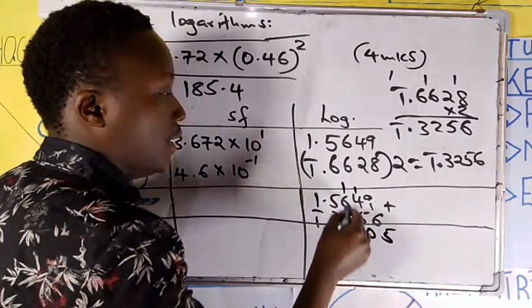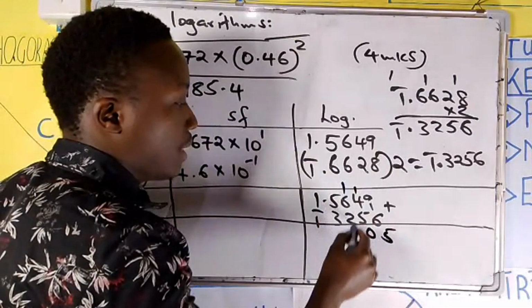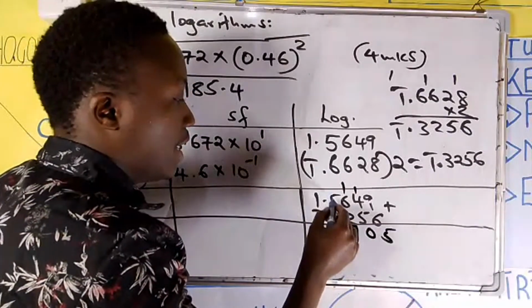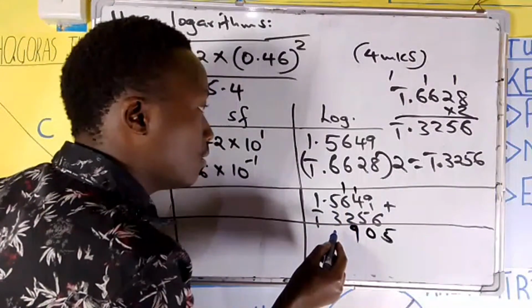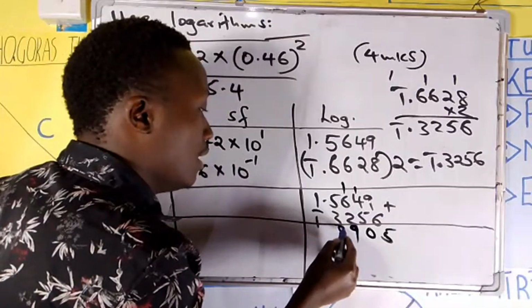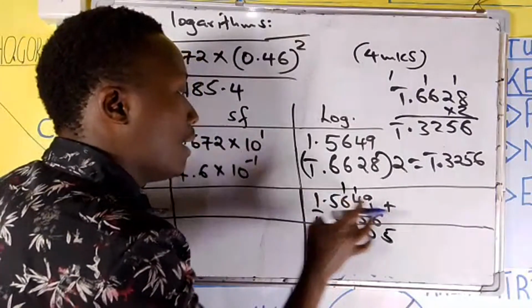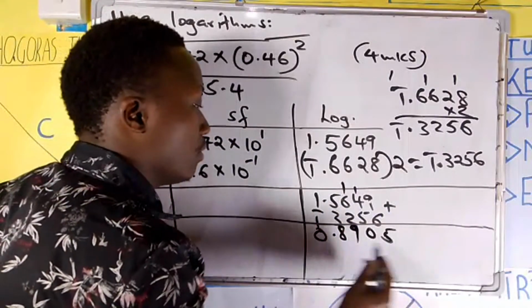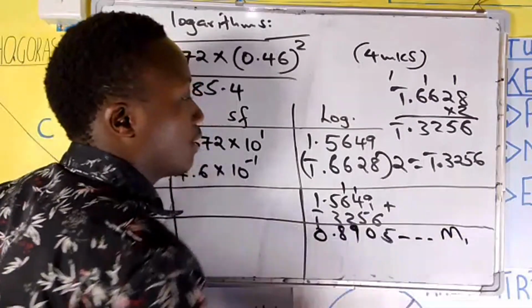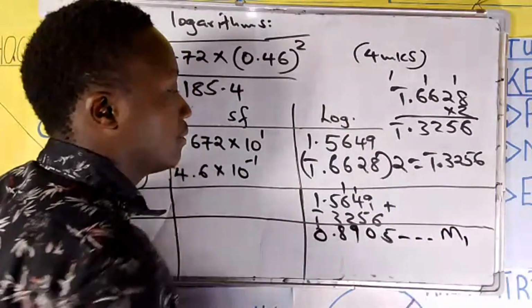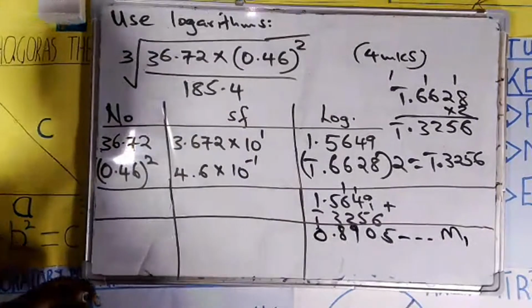Carry 1. 6 plus 2 is 8 plus 1, 9. 5 plus 3, 8. A decimal. 1 plus minus 1 is 0. So that is the numerator. That is the numerator. It gives us a mark.